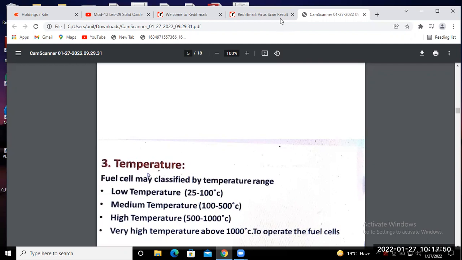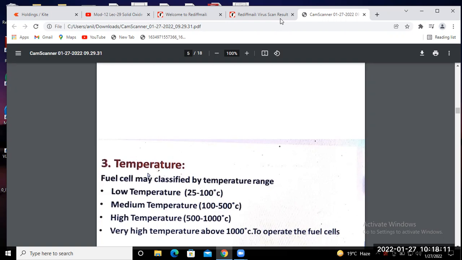So you have to keep in mind that 25 to 100 degrees Celsius falls under low temperature, 100 to 500 degrees under medium temperature, and 500 to 1000 degrees Celsius under high temperature.